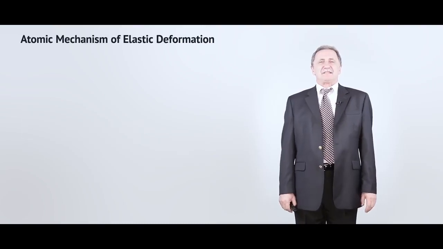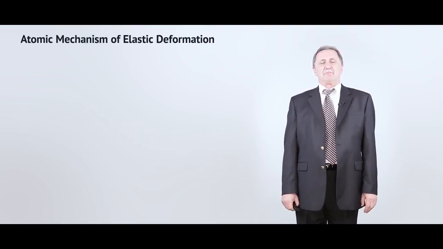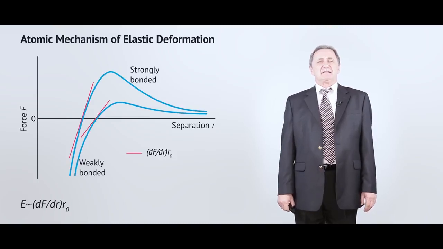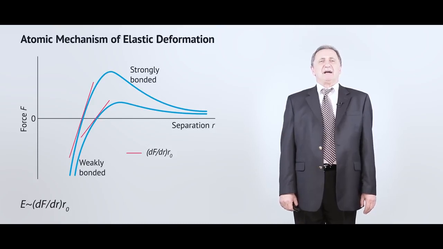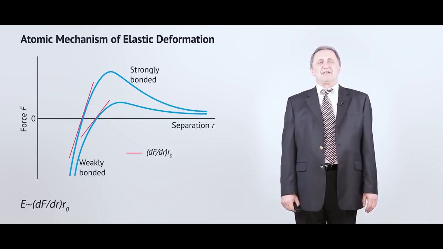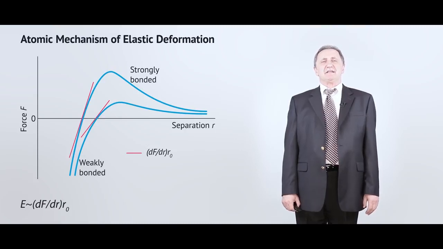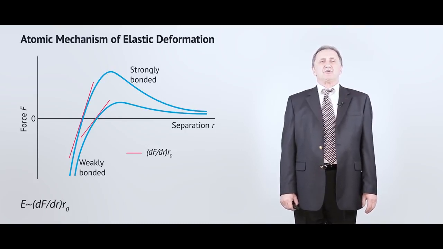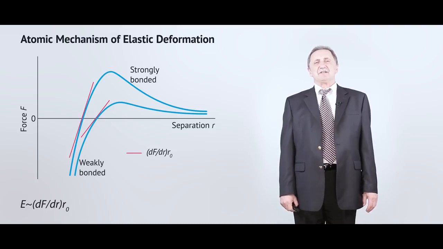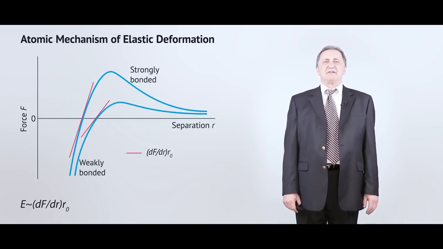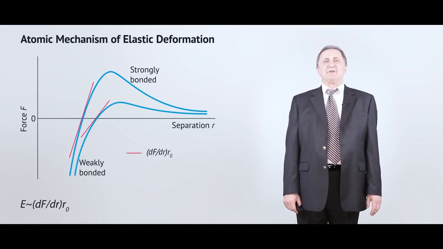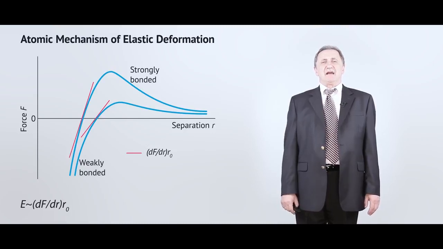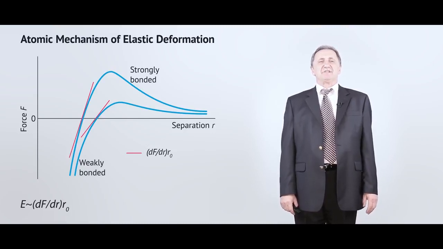Now, in order to understand the real relation between the elastic modulus and the atomic level of structure, we have to come back to the force-distance diagram. On this screen, you can see this diagram for two different materials: the weaker material, the lower one, and the stronger material, the upper one. If you remember, the intersection between these curves and the x-axis corresponds to the equilibrium distance R0 between the atoms in this material.